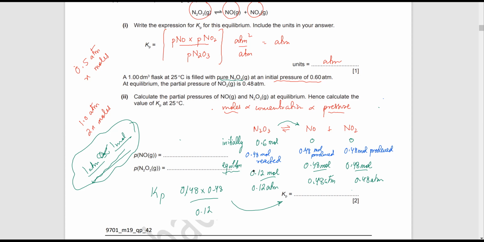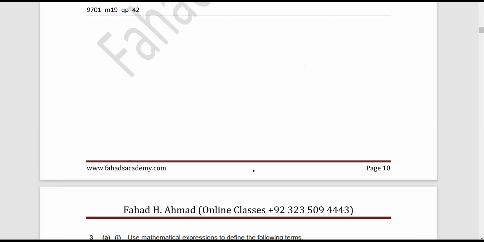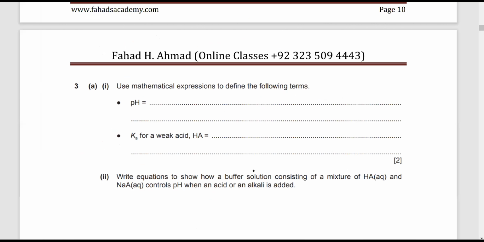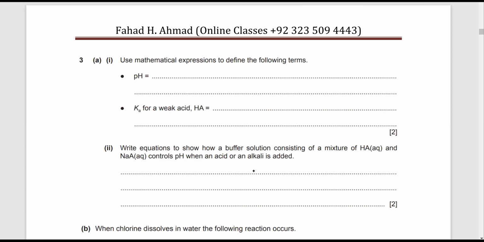Yes, sir. Okay, let's move to the next question. Define the following mathematical expressions. pH is obviously, you must know, minus log of the concentration of H plus. The other one is Ka for a weak acid, given as HA. HA dissociates and forms H plus and A minus ions.